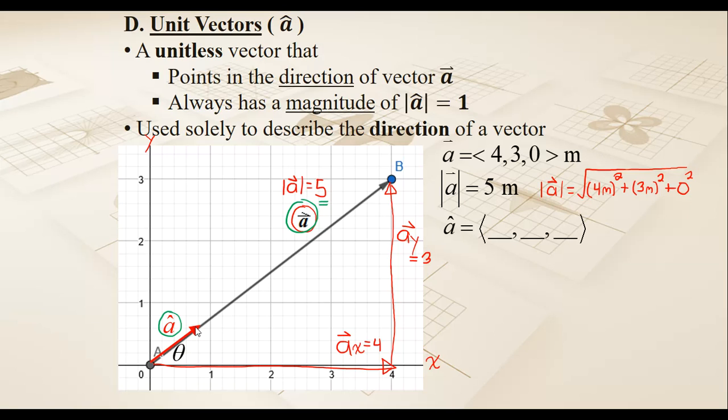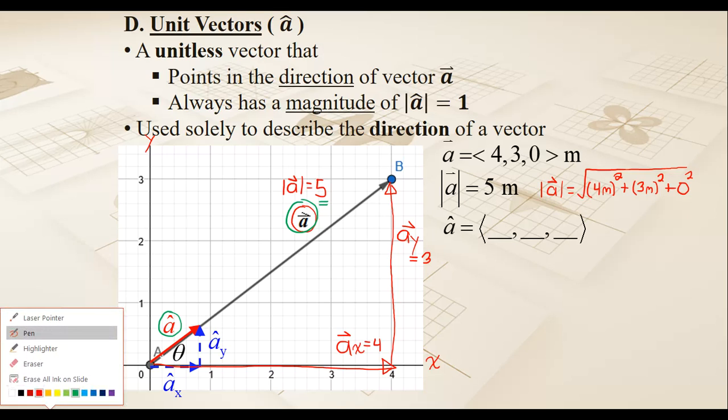We'll call that theta. If I draw my components, I would have the x component of the unit vector pointing towards the right, and the y component of the unit vector pointing up. And what I want to do is calculate what the values are.